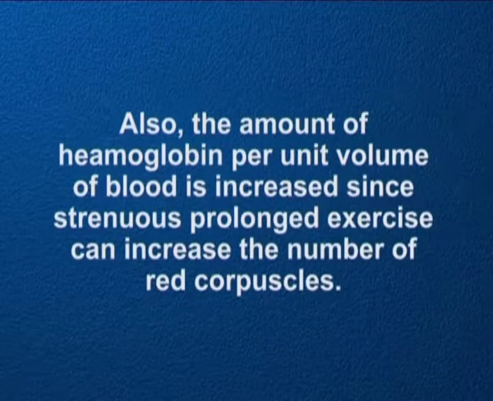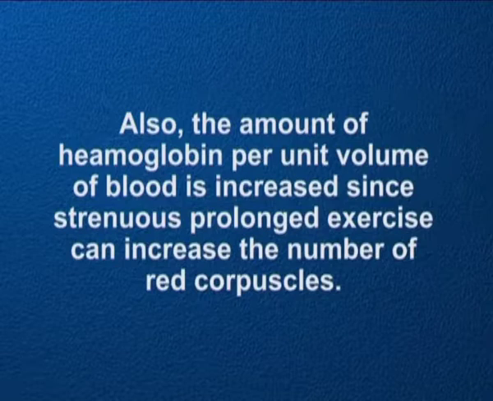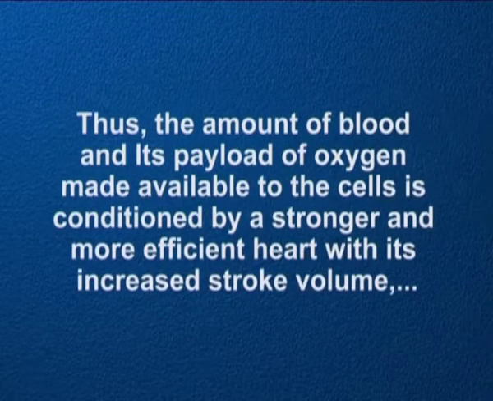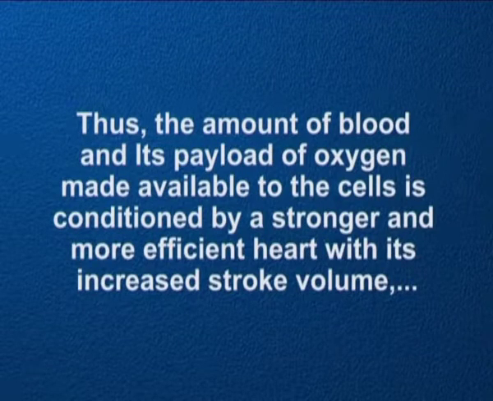Also, the amount of hemoglobin per unit volume of blood is increased, since strenuous prolonged exercise can increase the number of red corpuscles. Thus, the amount of blood and its payload of oxygen made available to the cell is conditioned by a stronger and more efficient heart with its increased stroke volume.